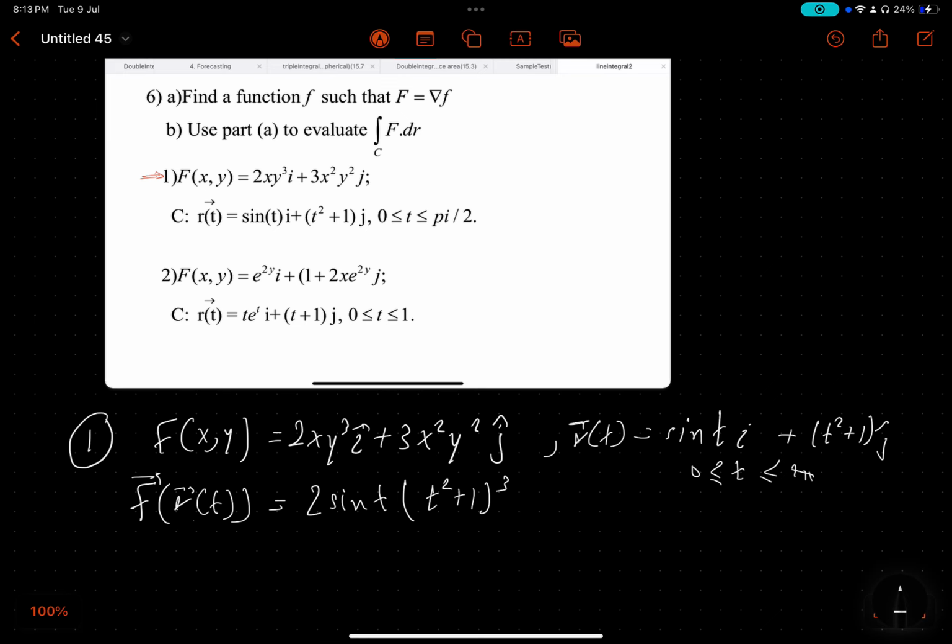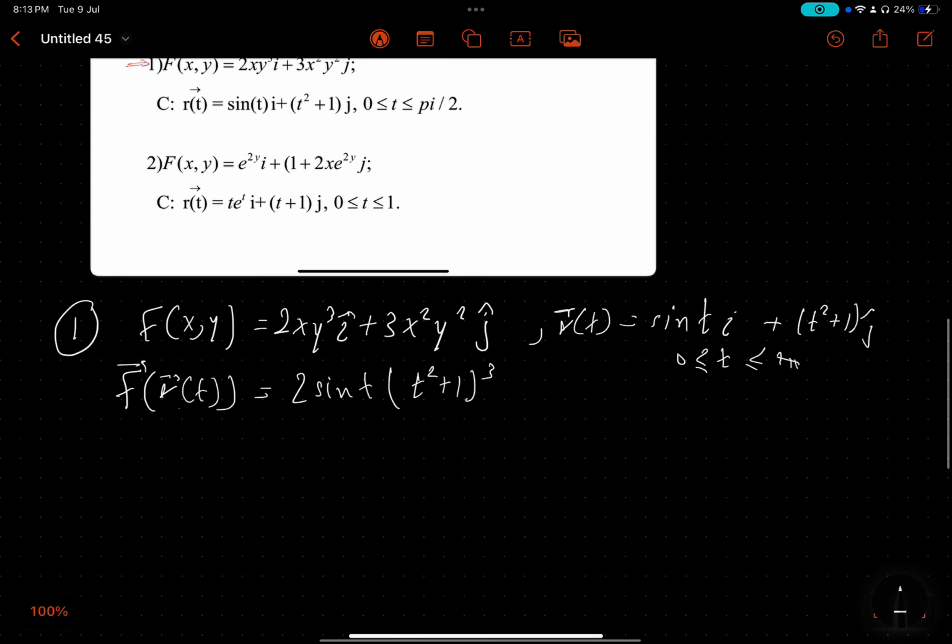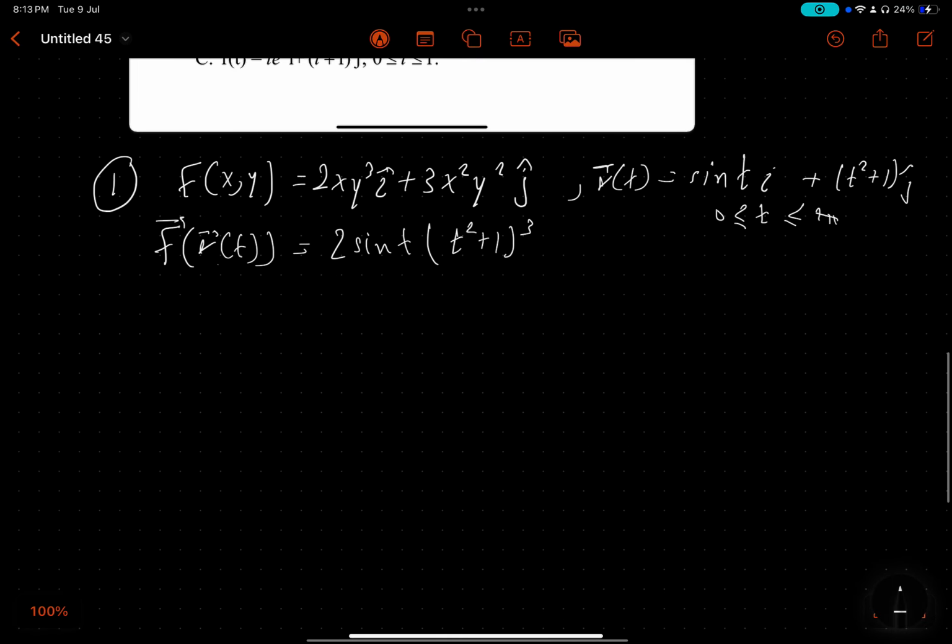Find the function f such that F equals the gradient of f. Actually, we can find this first. It's possible to find this first. So F of xy equals 2xy cubed i plus 3x squared y squared j.